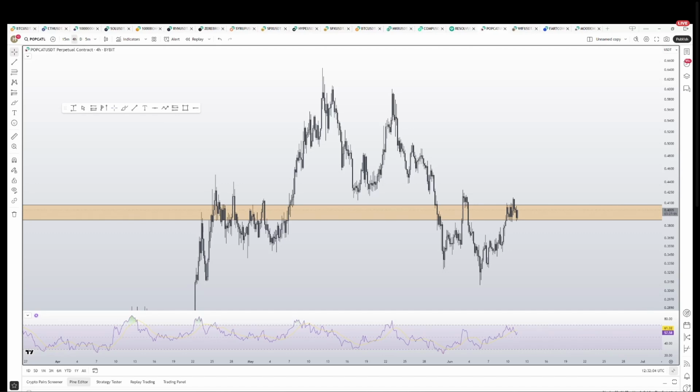CPI is 2.4%. Expected was 2.5. Core CPI is 2.8. Expected was 2.9. So yeah, they're both coming in lower than expected. That's nice. Not bad.